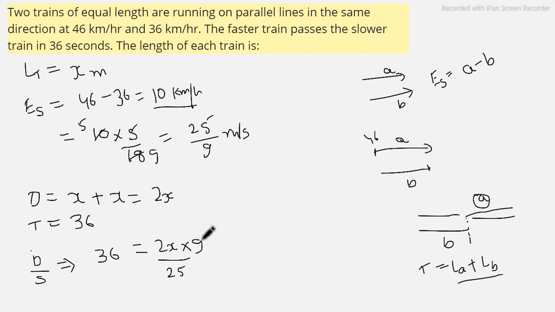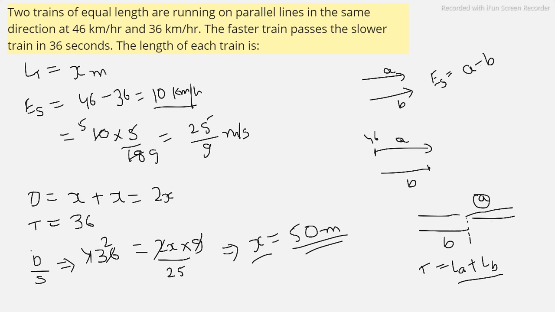Now we'll solve this. So x is equal to 25 into 2, that is 50 meter. So the length of the train will be 50 meters. Both are of equal length, so both trains' length will be 50 meters. So this is our answer.